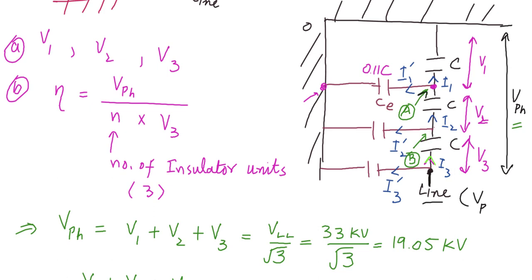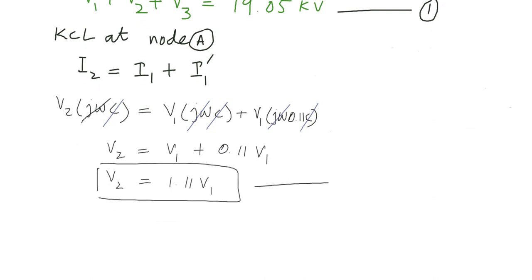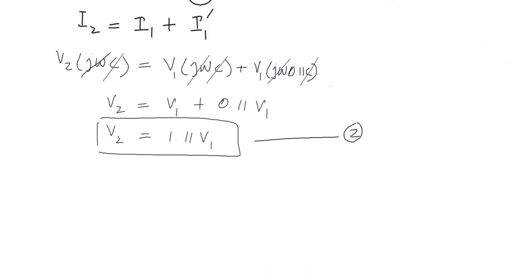So that's what I'm going to write here. I can name this previous equation as equation number 2. So now I3 will be equal to I2 plus I2 bar.